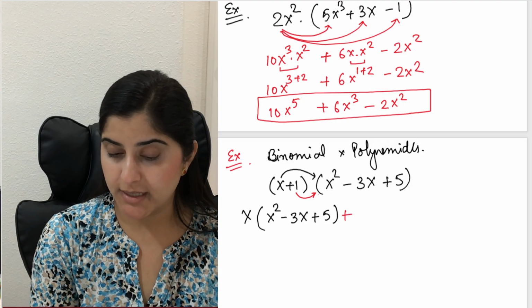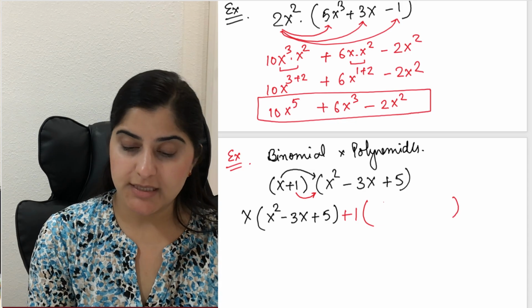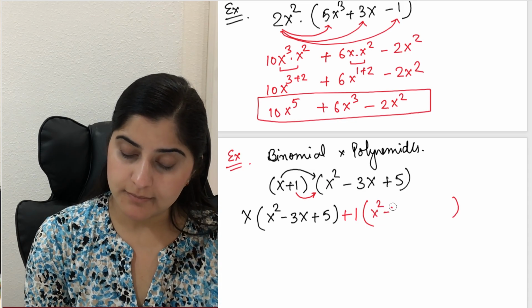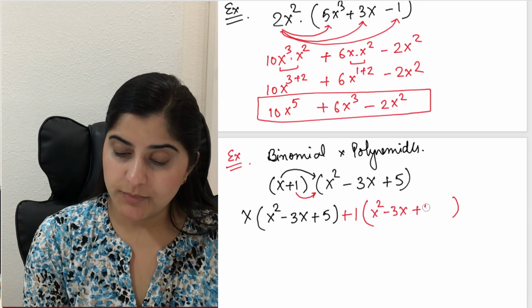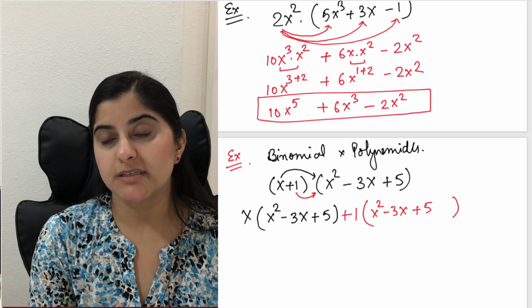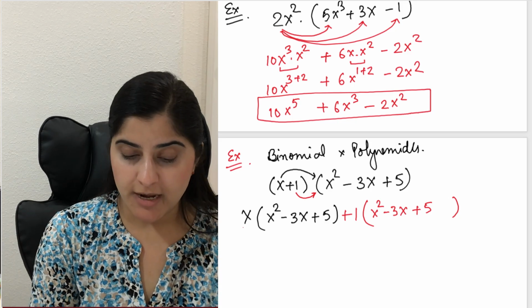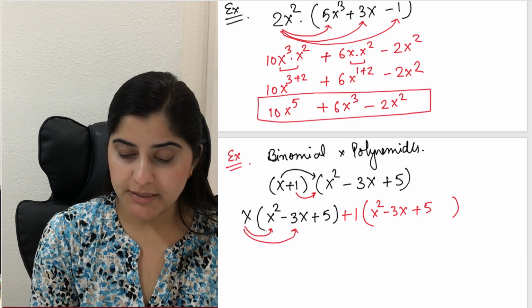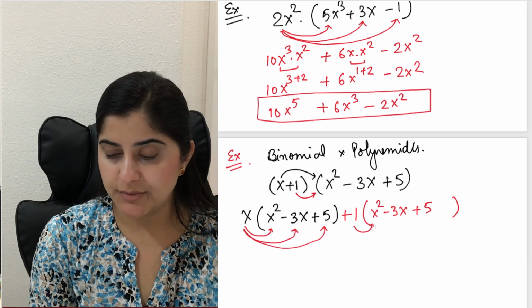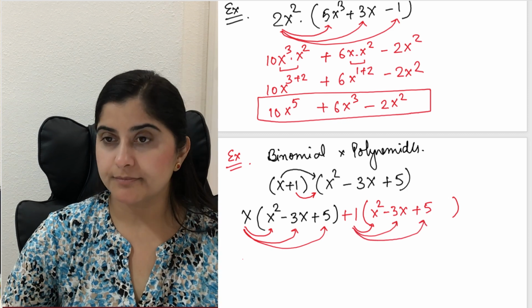The second term is plus 1. We are going to multiply this with the second polynomial. So one by one, we took each and every term of the first polynomial and multiplied with the second polynomial. Now use the distributive property, and similarly use the distributive property here and open all the brackets.